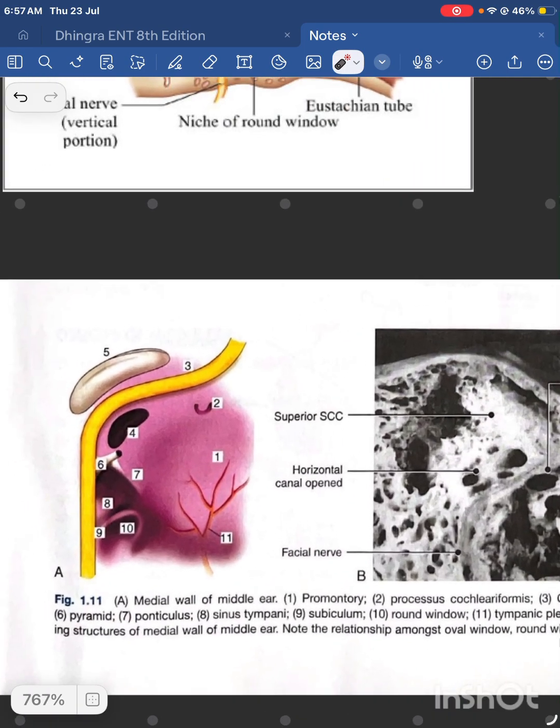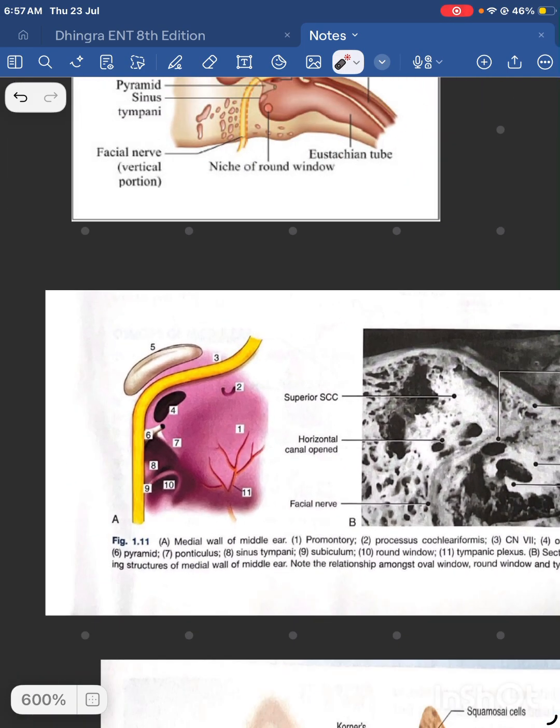Let me show you this diagram. This is the section of the middle ear we have taken. First is the promontory. Second is the processus cochleariformis. Third is the facial nerve. Fourth is the oval window. Fifth is the horizontal canal. Sixth is the pyramidal eminence. Seventh is the ponticulus. Eighth is the sinus tympani. Ninth is your subiculum.